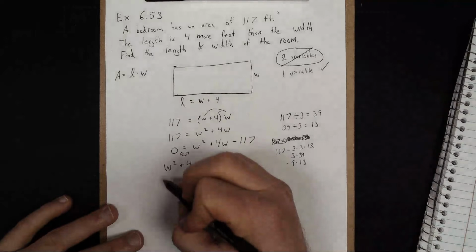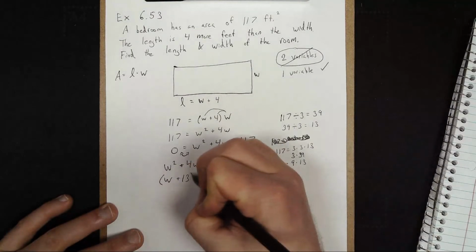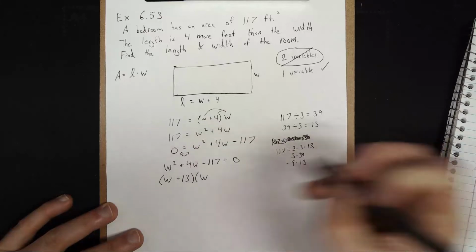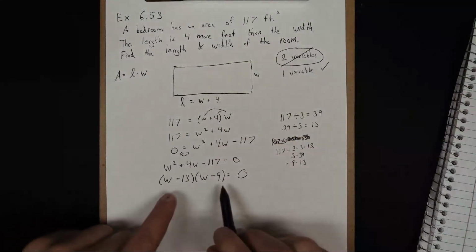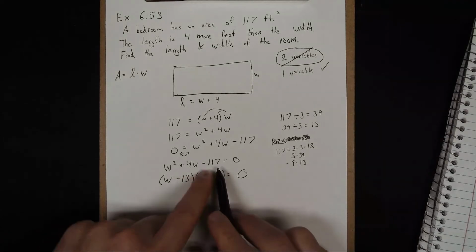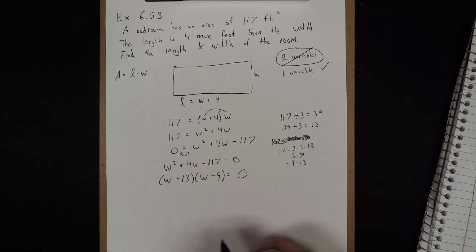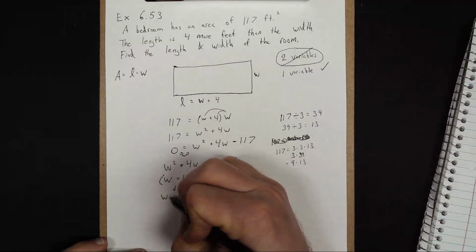So I can see that W plus 13 times W minus 9. Okay, now if we were to add 13 and negative 9, we get to 4. Multiply those two, we get to negative 117. Okay, everything is good. So set this equal to 0.